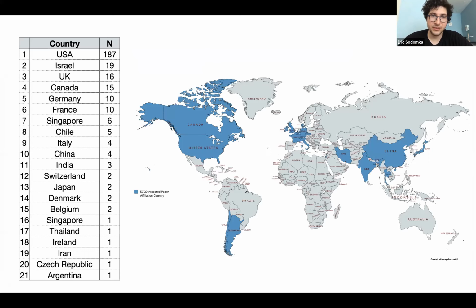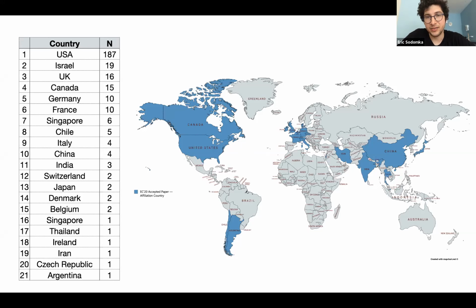And I think this map indicates that we definitely have blind spots in our research community. What this is showing is, at that conference, Economics and Computation, which just happened in July, the accepted papers.